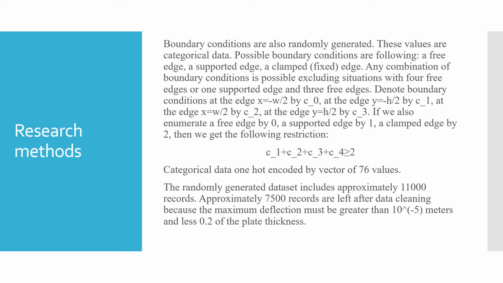Any combination of boundary conditions is possible, excluding situations with 4 free edges or 1 supported edge and 3 free edges. So, categorical data, one hot encoded by a vector of 76 values. The randomly generated data set includes approximately 11,000 records.